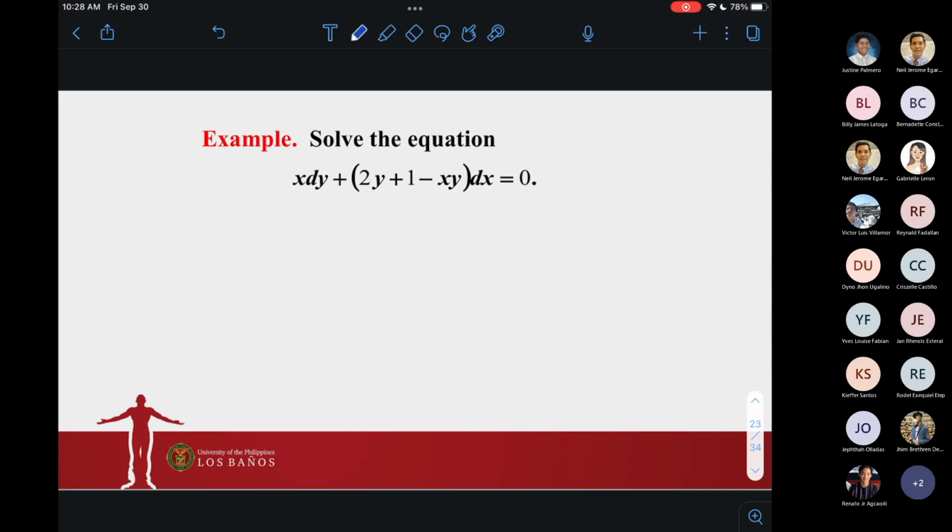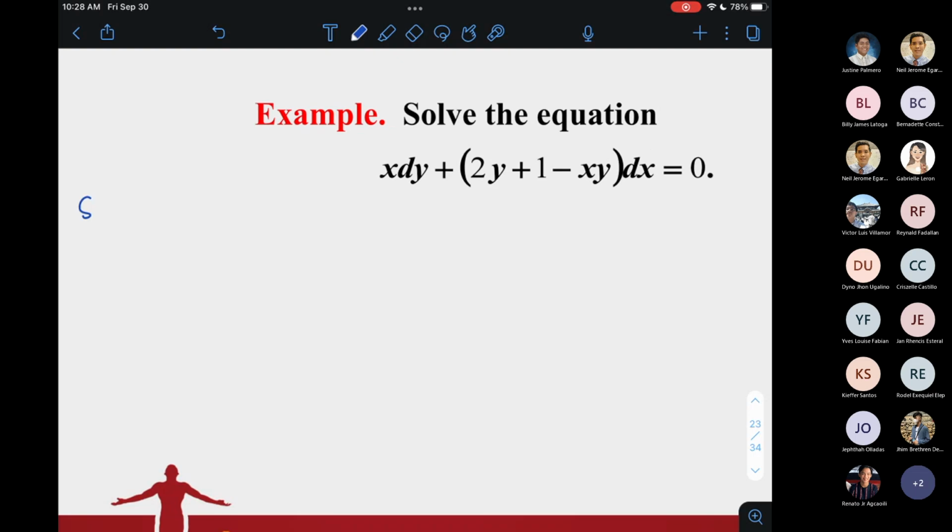Alright, this example. So, una muna, i-divide ko both sides by x, kasi nga gusto ko dy over dx yung first term. So, ang gagawin ko, i-divide ko all sides by x para mawala yung multiplier ni dy. Tapos gusto ko dy over dx, so i-divide ko all sides by dx na din. So, i-multiply ko all sides by x dx so that we'll get dy over dx na lamang.